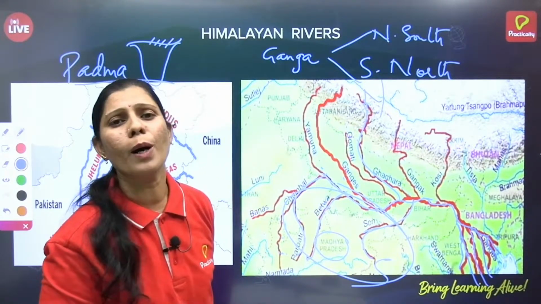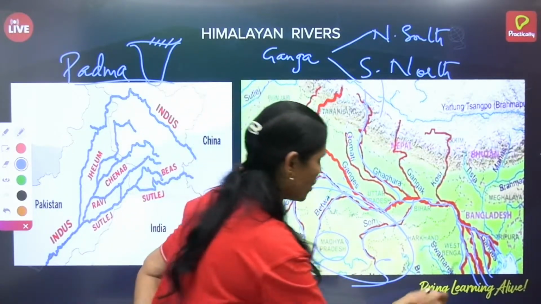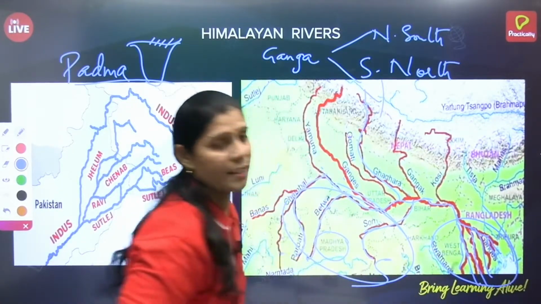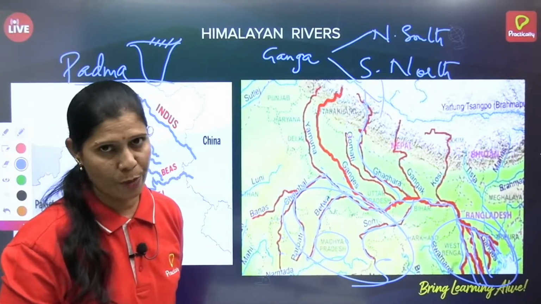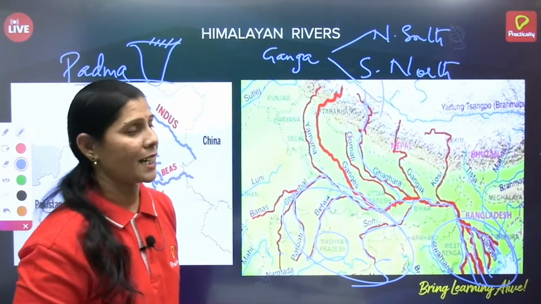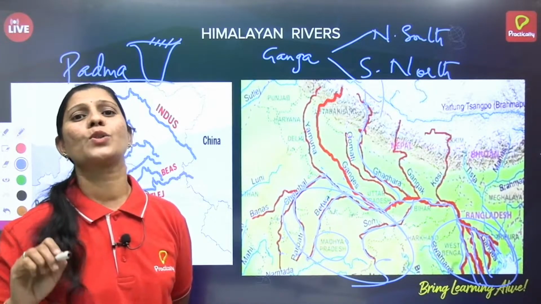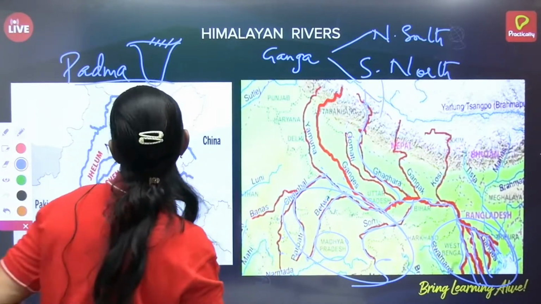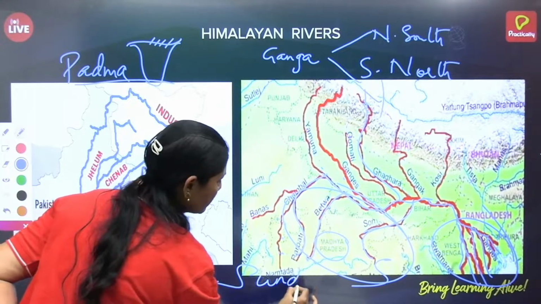In the world, the largest delta is the Ganges delta. It is very important to note that the river that forms the largest delta is the Ganges, and these deltas are called the Sundarban deltas. Please note this name, Sundarban.